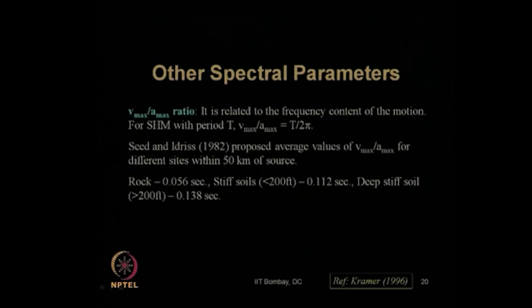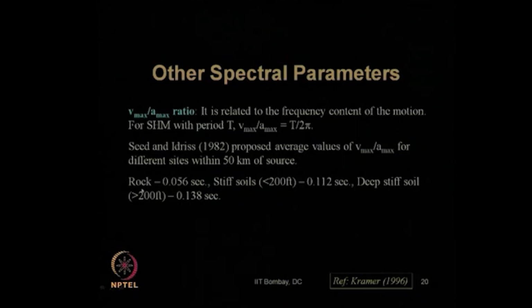Now, Seed and Idris in 1982 proposed average values of Vmax by Amax for different sites within 50 kilometers of the source. That is, they analyzed the values of Vmax by Amax between the earthquake epicenter and a site of response for different types of sites, that is rocky sites, soil sites, etc. And what are the typical average values they have mentioned?